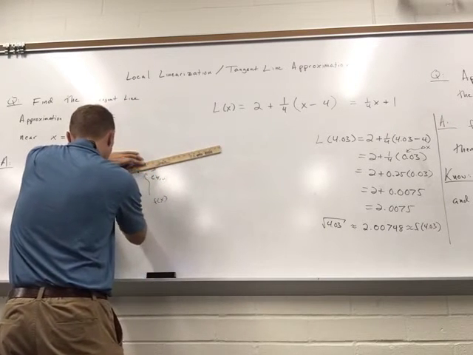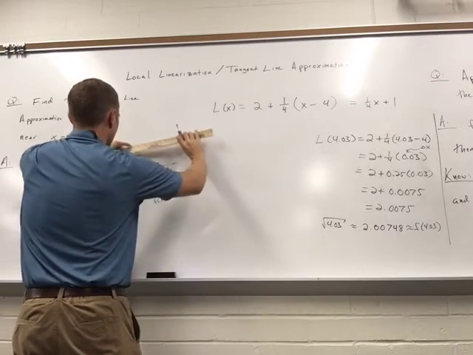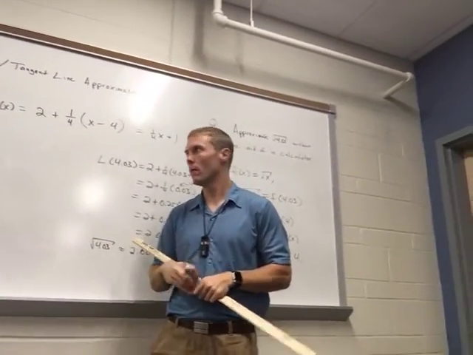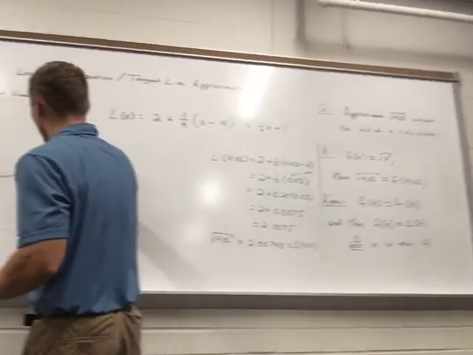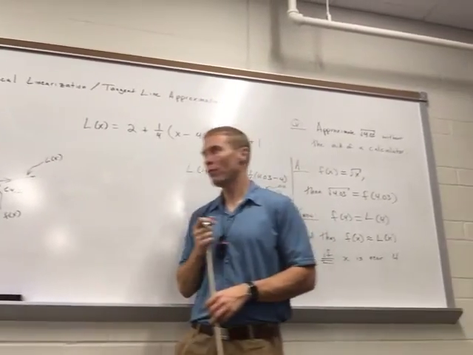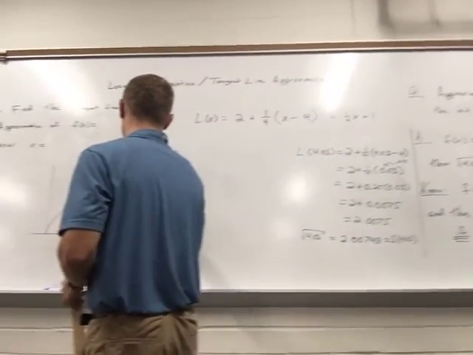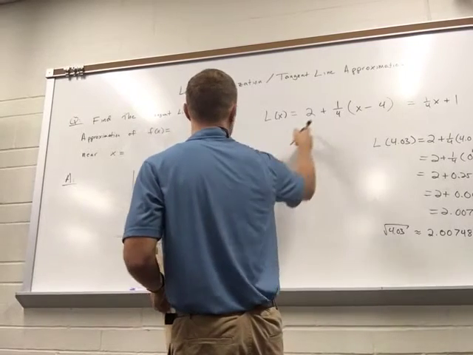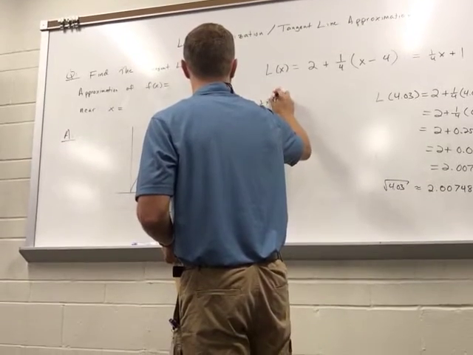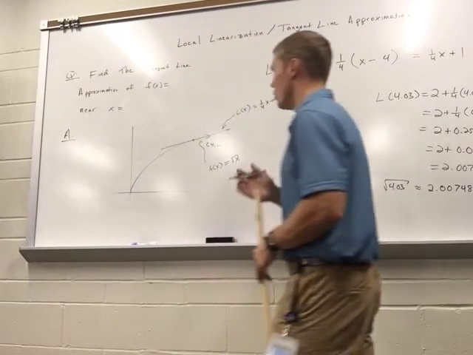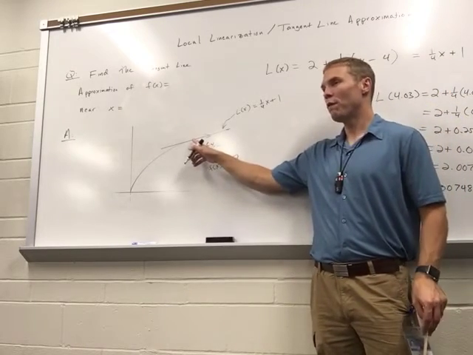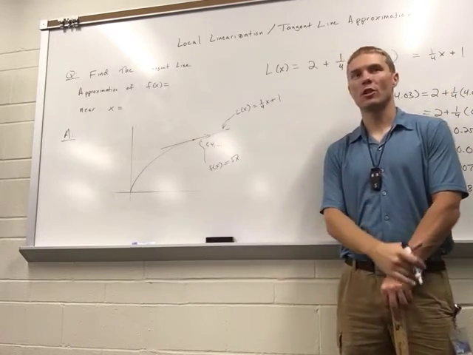What we've just done is found the equation of the tangent line, which attaches to the curve at that point. This line is what I've called L of x. So if you were to plot both f of x equals the square root of x and L of x, which equals one of those two forms, you're going to get that these two things are indeed tangent. And the idea is for values near 4, the line is very close to the curve.